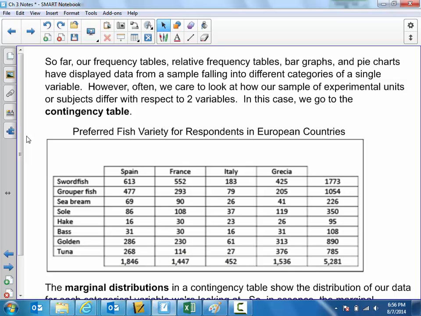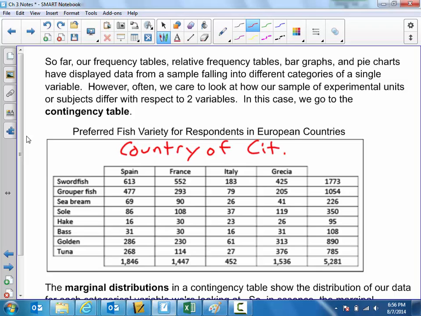And we found out from those groups of people which of these 8 categories of fish in the left column they prefer to eat. All right? So 2 variables are being tracked. You have country of citizenship, and then you've got preferred fish.